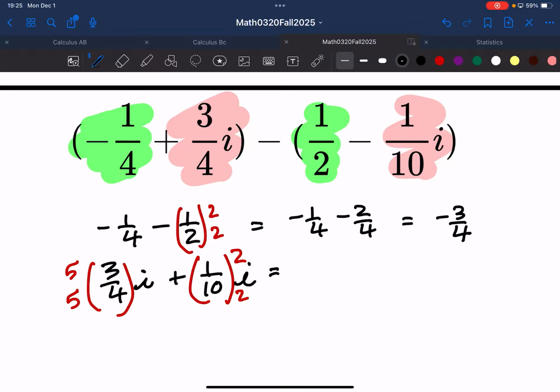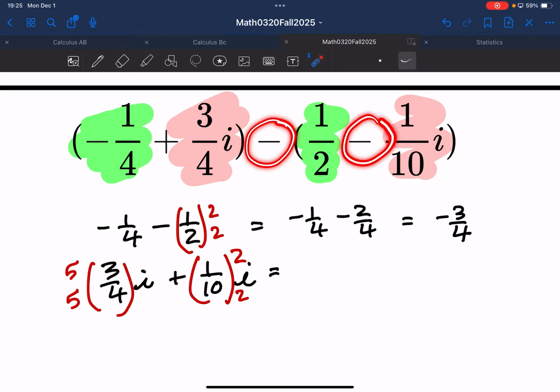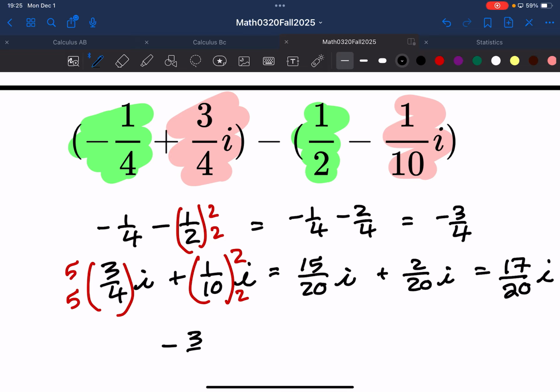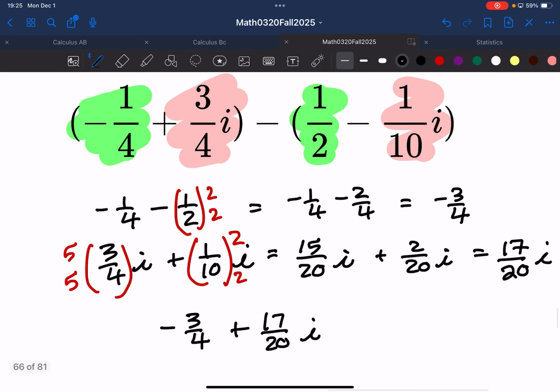Plus? Oh, plus, because we had minus a negative. So that turns into plus a positive. Okay, so then we have 15 over 20i plus 2 over 20i, which gives us 17 over 20i. So I have my answer of negative 3/4 plus 17 over 20i.